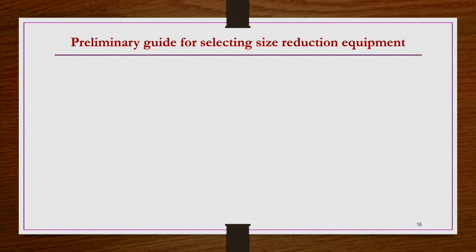Now, we see a preliminary guide for selecting size reduction equipment. We have seen different types of crushers, grinders, ultra fine grinders, and a few types of cutting machines, and we have also seen the mode of operation which is feasible, and the criteria for proper satisfactory operation of this equipment.